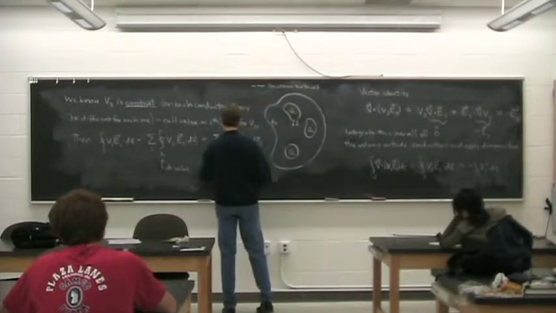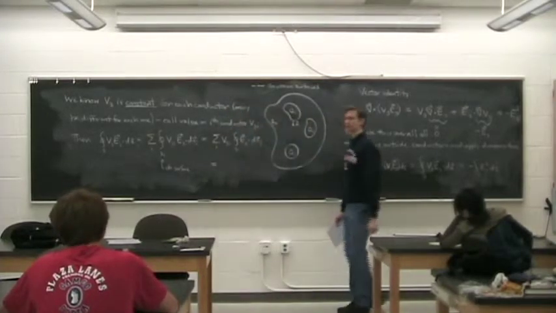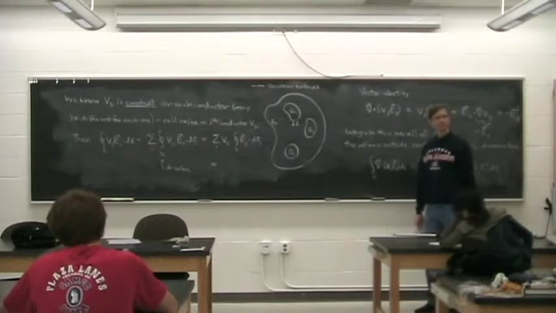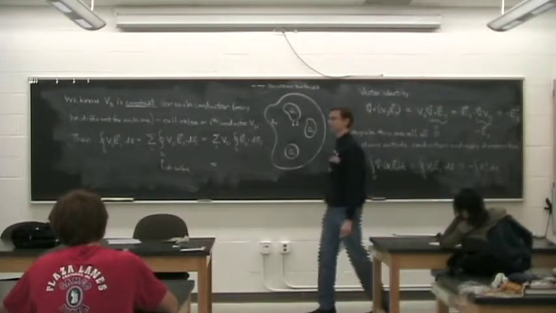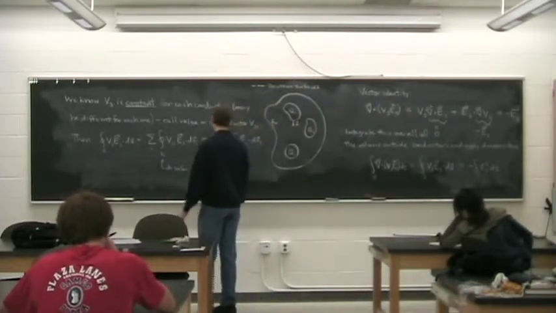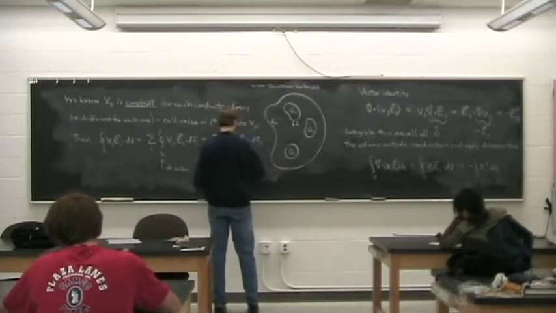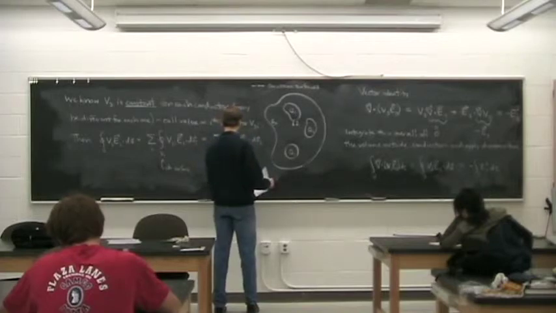But wait a minute. The flux of E3 through every surface is 0, because E3 was the difference between two vectors whose fluxes were equal to Qi over epsilon naught, so their difference gave 0. So that all adds up to 0.